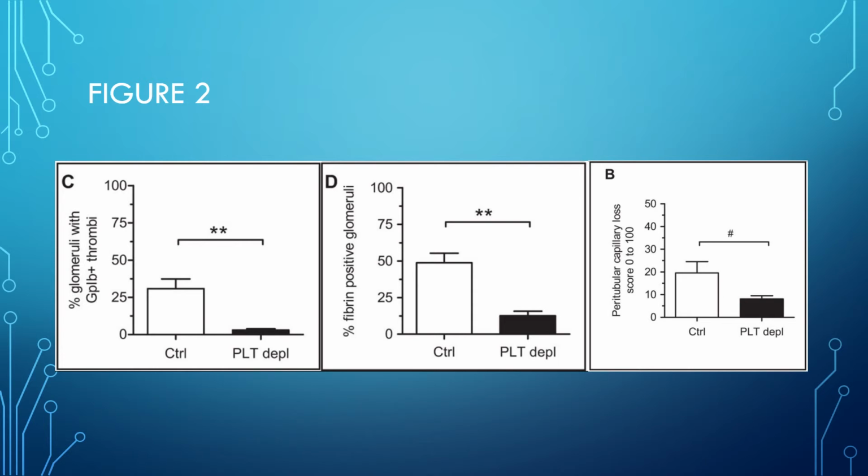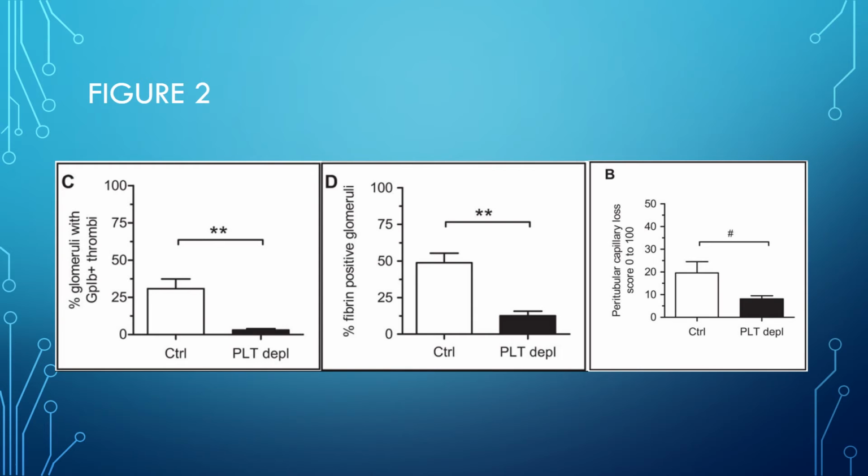It's expected that if repair were to occur, we would have greater amounts of thrombin and fibrin found within the cells.